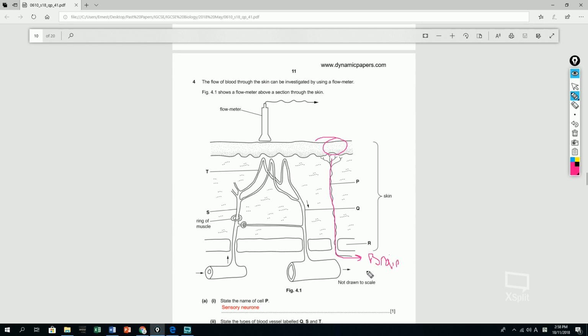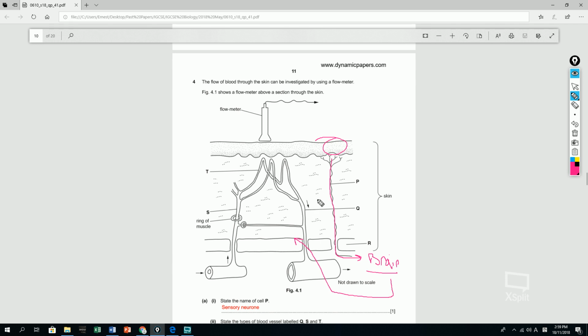And the brain sends signals to the muscles in both the arterioles here, which is S, and the shunt vessels. And what it does is it causes the arterioles to dilate and the muscles in the shunt vessels to constrict, okay?